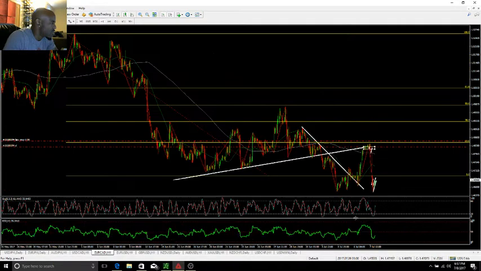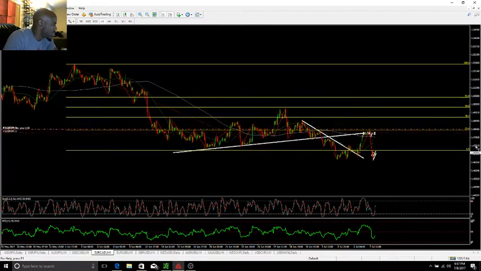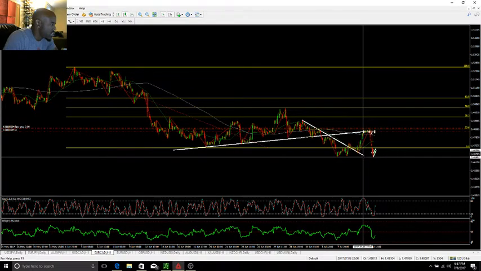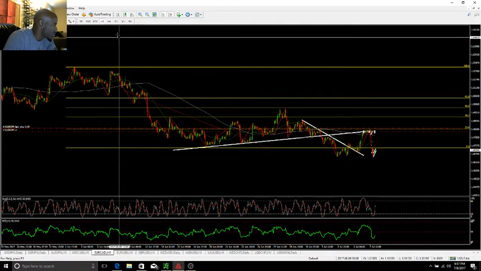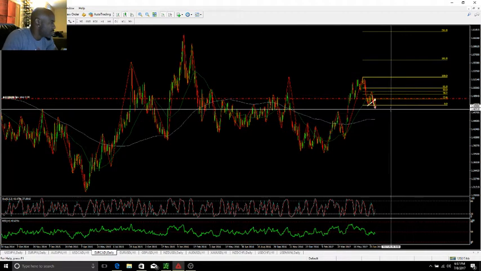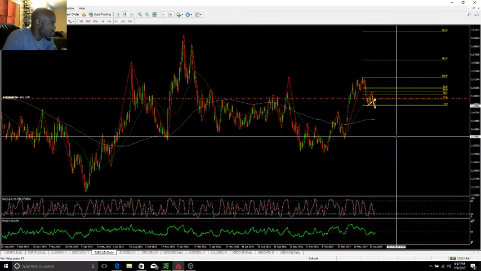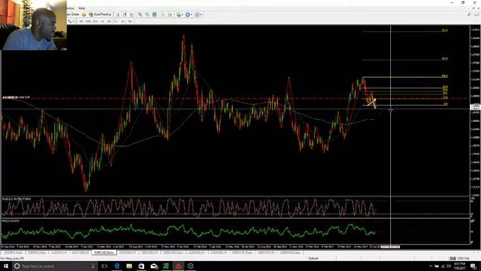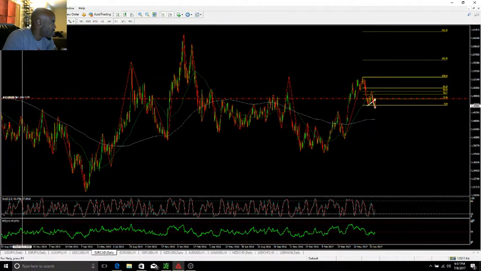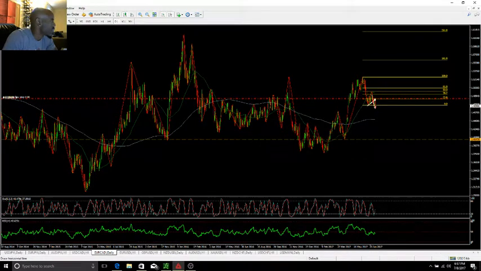So what are we looking for on this? The play next week, this is the Euro CAD again. We're testing these levels of support down here at the 146. As you can see, looking left, I don't see anything for a while. So we're definitely looking to be short on this Euro CAD all of next week for sure.